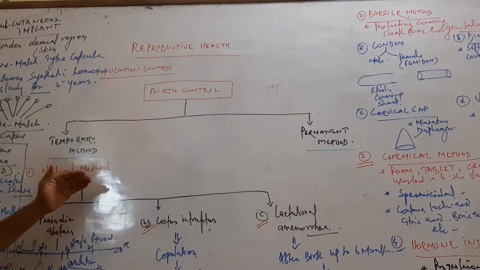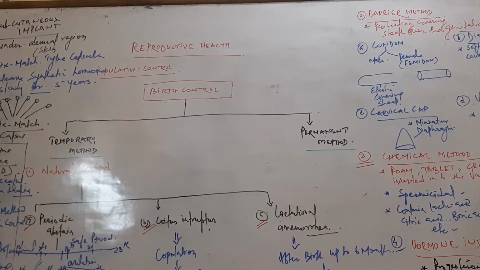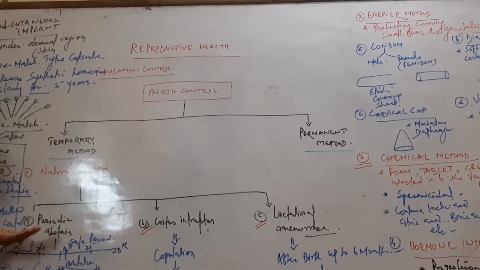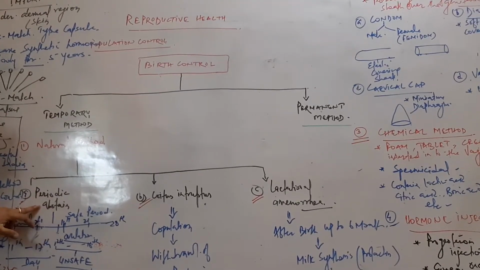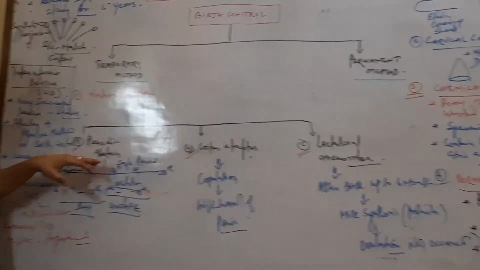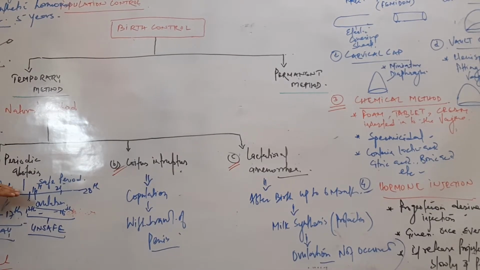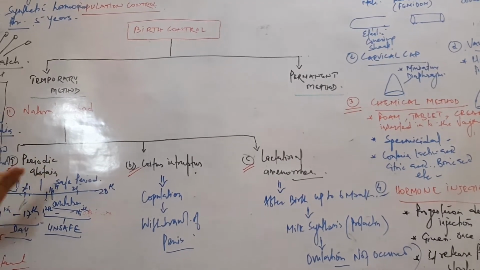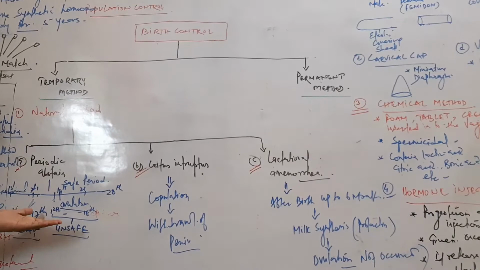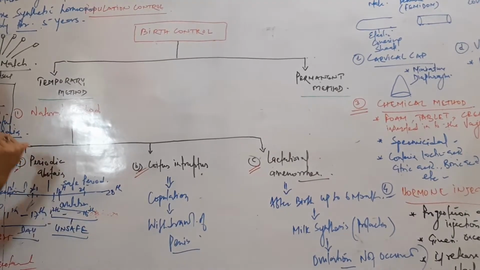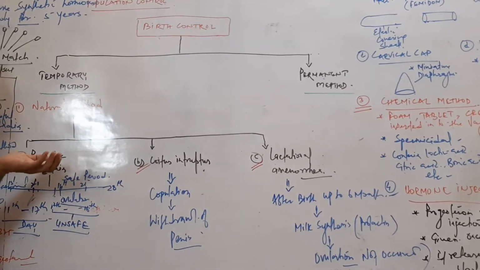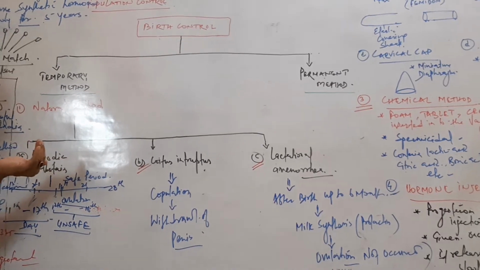Now we start with the natural temporary method. In the natural method, first is periodic abstinence. It works through the process of the ovarian or menstrual cycle. In a 28-day period, in the mid days ovulation takes place, meaning release of the ovum.